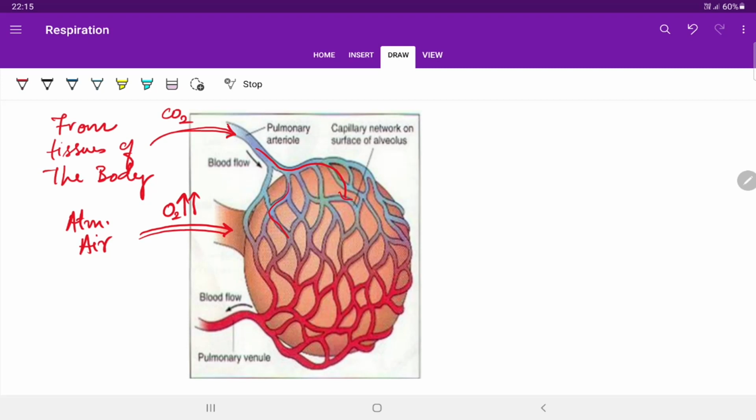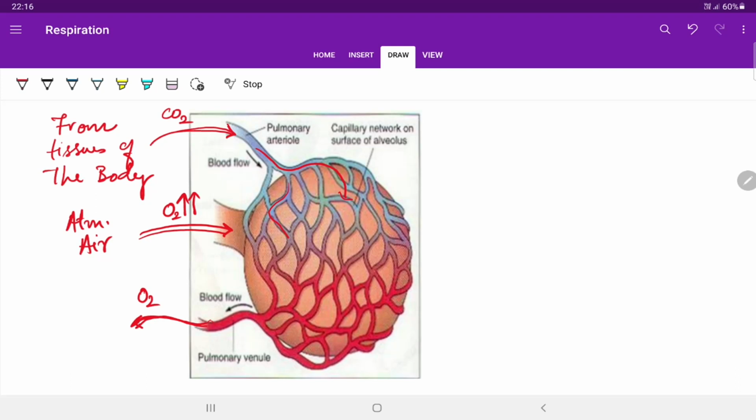And in the process, what happens? The carbon dioxide which is present in the tissue fluid, in the blood capillaries, in the pulmonary arteriole, is given out into the alveolar sac, and it is given away. And here the pulmonary venule takes away the oxygen-rich blood after the oxygenation.